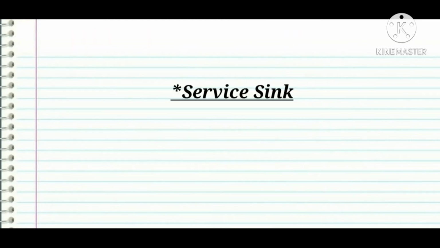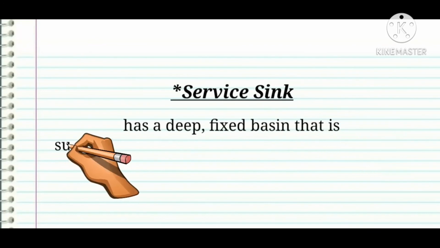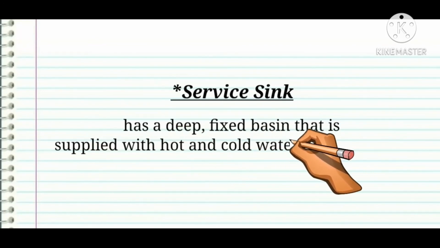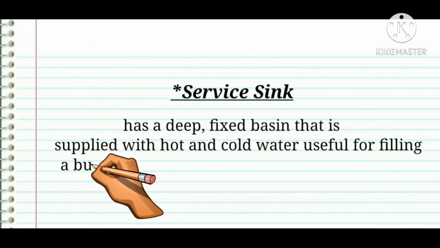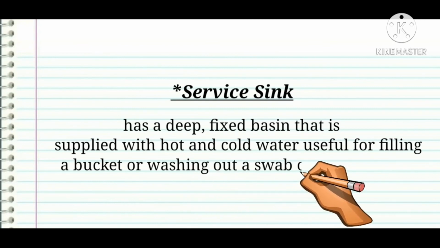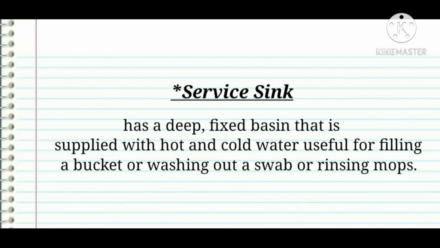Sa service sink naman, it has a deep fixed basin that is supplied with hot or cold water useful for filling a bucket or washing out a swab or rinsing mops. Ang service sink ay tinatawag din siyang laundry sink. So, hindi siya typical na makikita sa mga bahay natin kasi hindi naman tayo naglalaba dito.